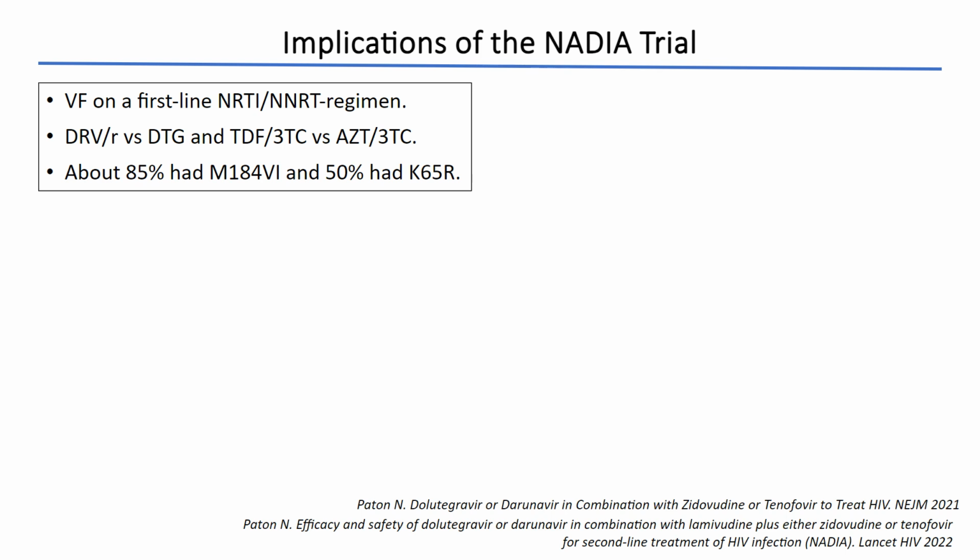In a factorial design, they were randomized to either dolutegravir or boosted darunavir, and to either TDF/3TC or AZT/3TC. At baseline, 85% had an M184V/I mutation and 50% had K65R.